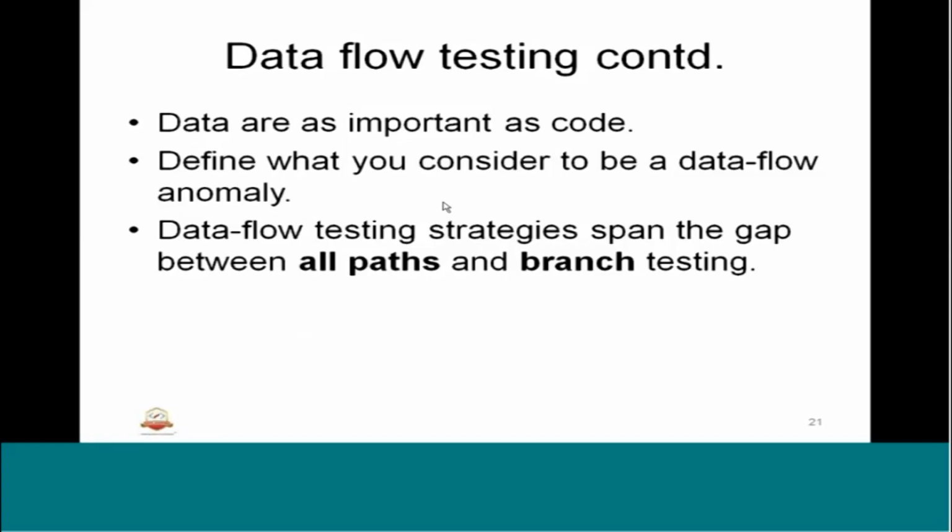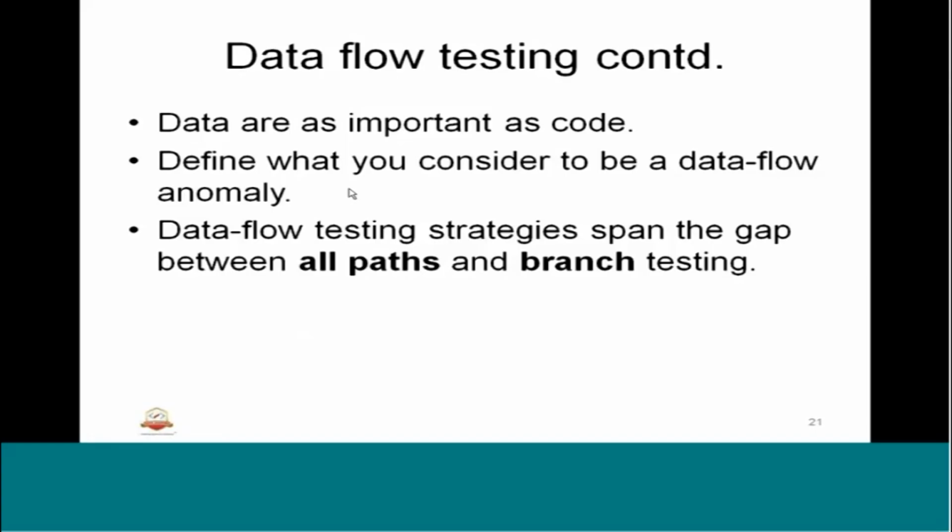Define what you consider to be a data flow anomaly. You understand the program flow and the data used in the program, and we need to consider any anomaly in how it is being used against what is specified in the requirement.